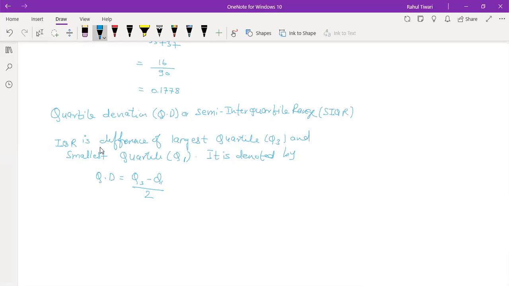As you define range, what is the range? Largest minus smallest. So when you talk about interquartile, I'm talking about the quartiles: it is the difference of the largest quartile and smallest quartile. So IQR equals Q3 minus Q1. Once I know IQR, I can define SIQR, the semi-interquartile range, which is Q3 minus Q1 upon 2, and this is also equal to quartile deviation.